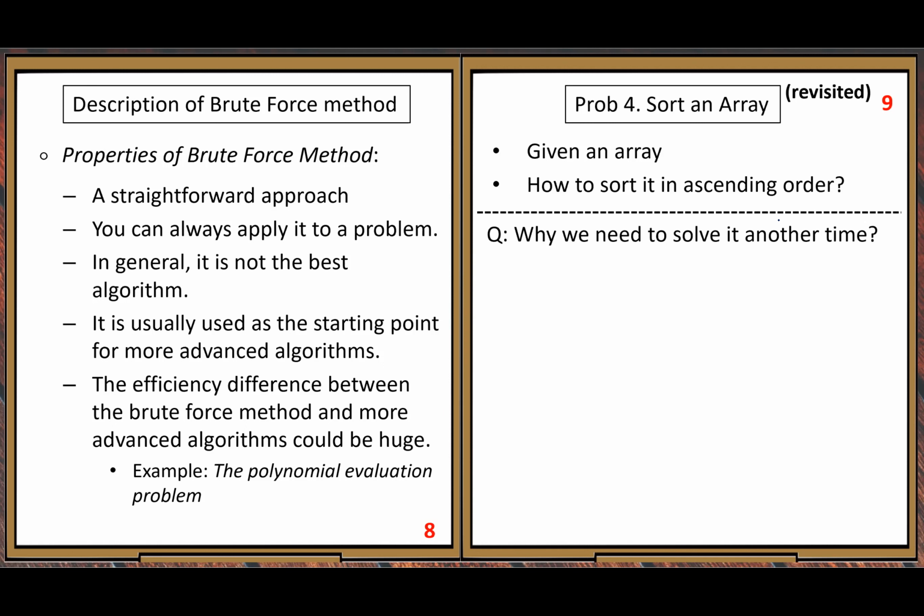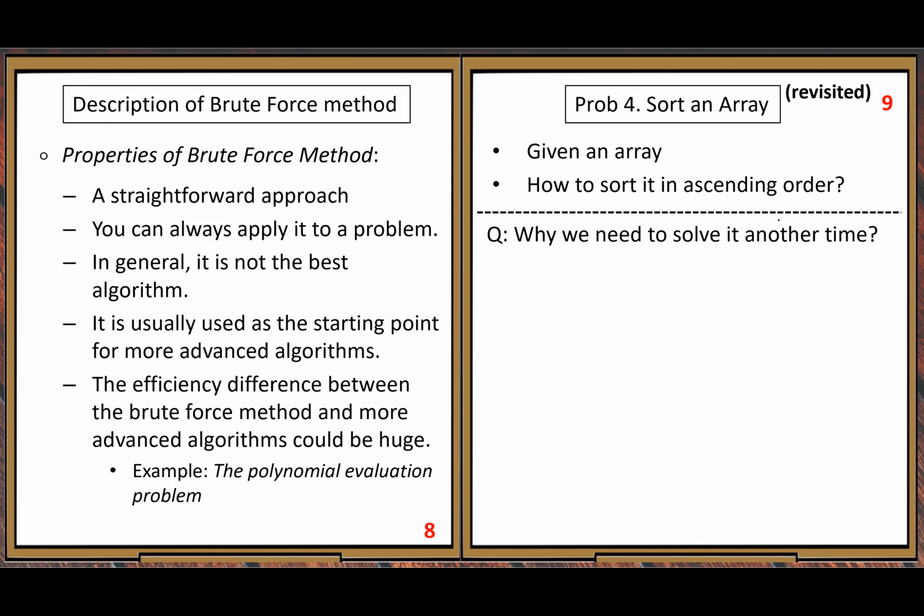So we want to completely change our view, a different view. You may ask this question: why do we need to solve it another time? We already solved it. One answer is because the old solution is not good enough, so we want to improve it.